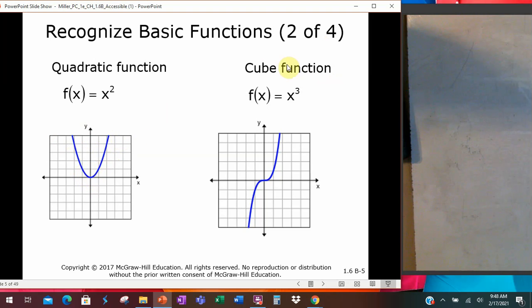So here's a cube function. The cube function is f of x equal to x cubed, but this is exactly the shape that you should think about when you have any odd power. So x to the n where n is 3, x to the 5th, x to the 7th. When this power is odd, you're going to have this shape because you can do negatives.